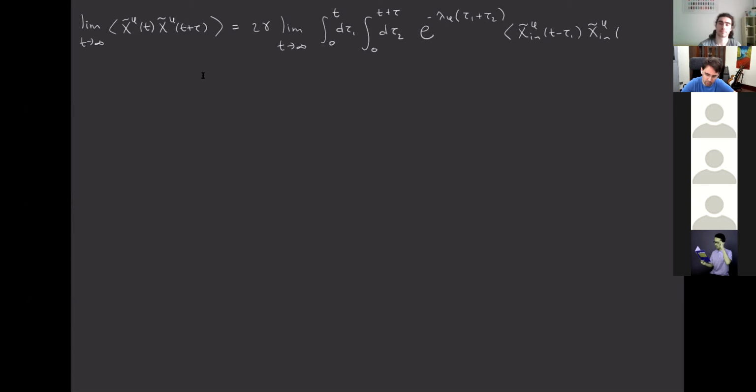And this is the upper limit, which is t plus tau minus tau 2. Okay? But now we know that this thing in here is just the delta function of tau 1 plus tau minus tau 2. Okay?